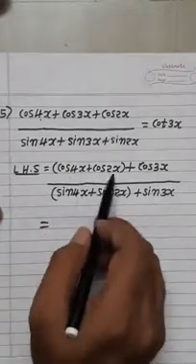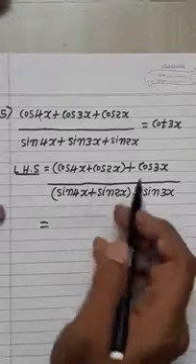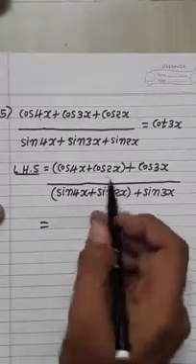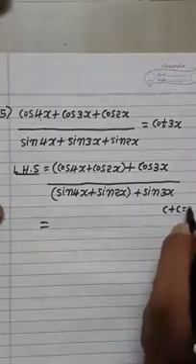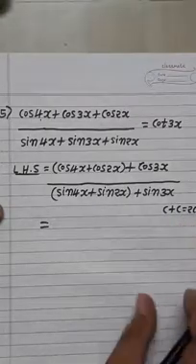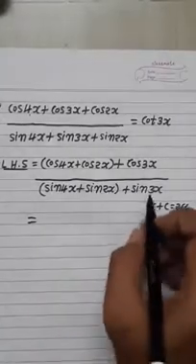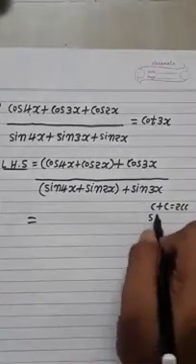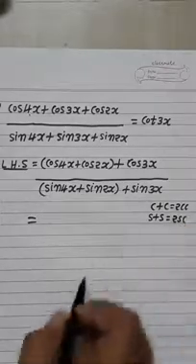Now here 2 terms are present, so in the first 2 terms apply the identity cos plus cos. So cos plus cos means 2 cos cos. So here apply the identity cos plus cos, 2 cos cos. And in the denominator the sin plus sin form is present, so apply the identity in the denominator, 2 sin cos.